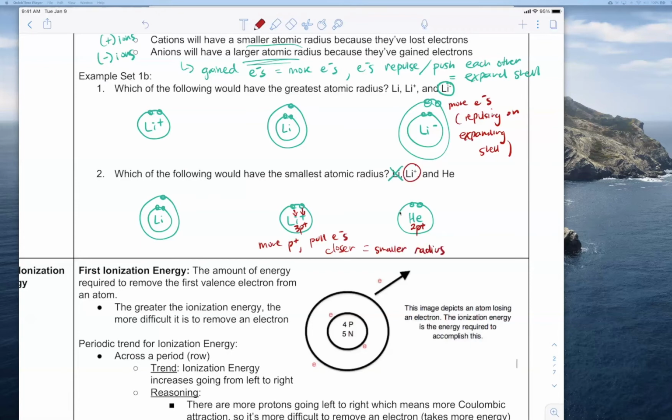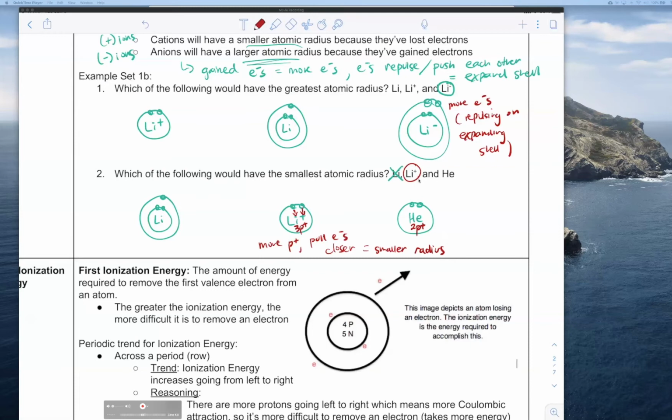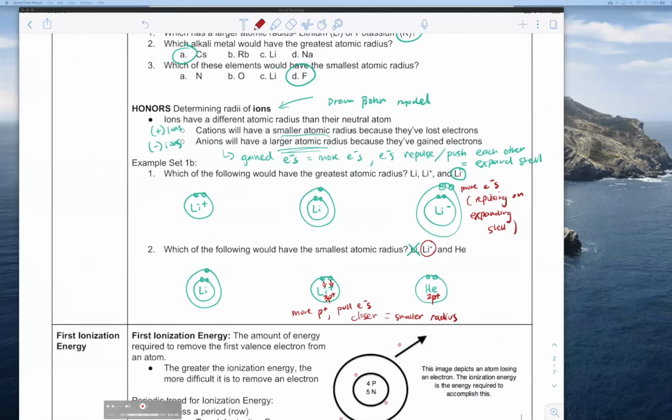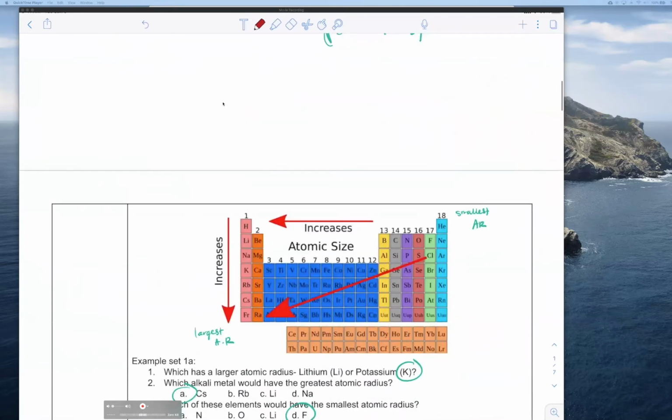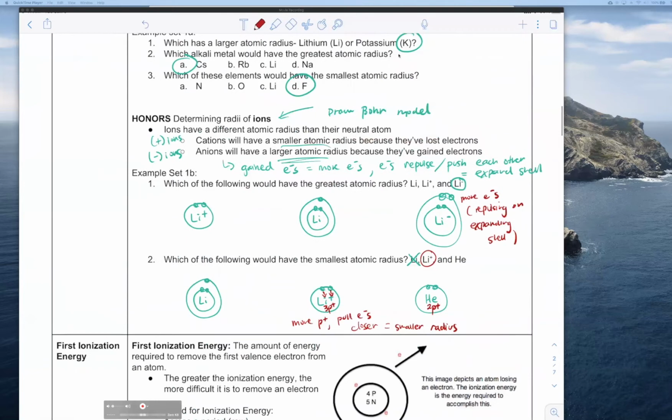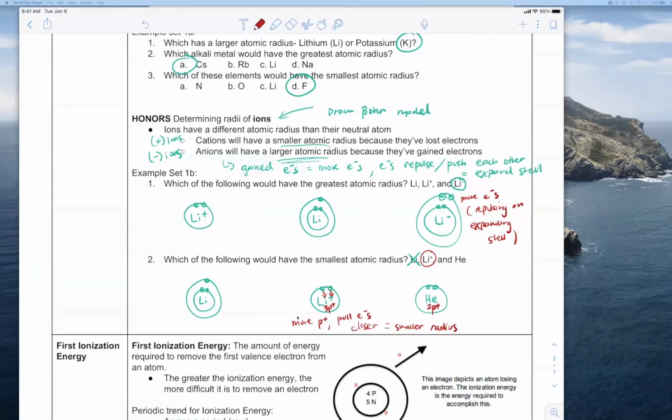So your correct answer should be lithium plus. Helium only has 2 protons, so it won't pull your electrons as closely. So again, when you're doing ionic radii, you need to draw the Bohr model and use the reasonings here, because you can't just memorize this because it has nothing to do with your ionic radii. You would have to draw the Bohr models to figure out what's going on.